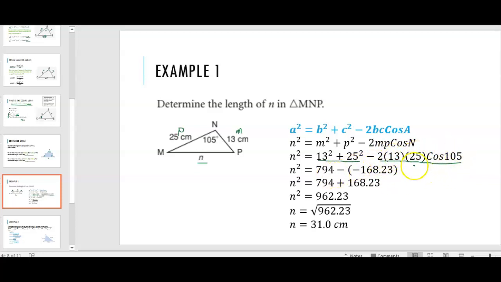Whatever outcome you have on the second term, round it to whatever you see reasonable, normally to the first or second decimal, and then subtract them. And don't forget to take the square root of the value that you have, because the formula is giving you N squared.